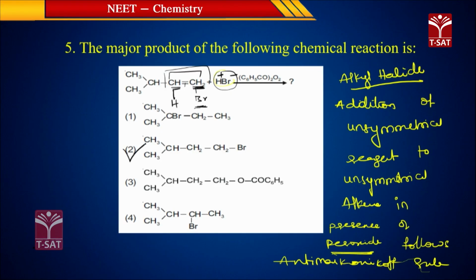It can be option 2. In option 2, Br is added on the first carbon and H on the second carbon. That is correct, because the negative part Br is added to the carbon having more hydrogens. This is a very, very important question you will get regularly, and Markovnikov and anti-Markovnikov are very important.